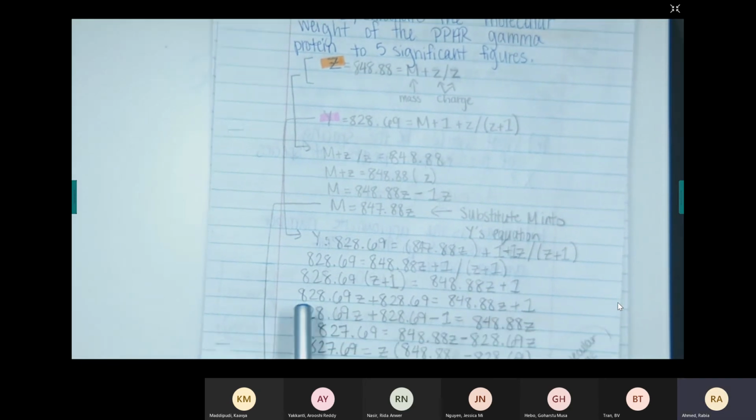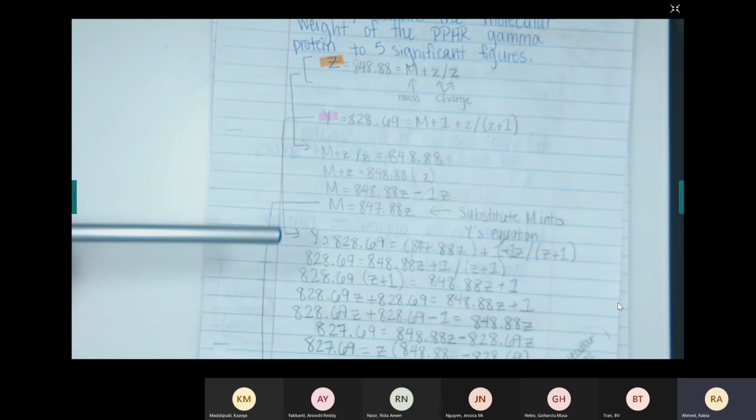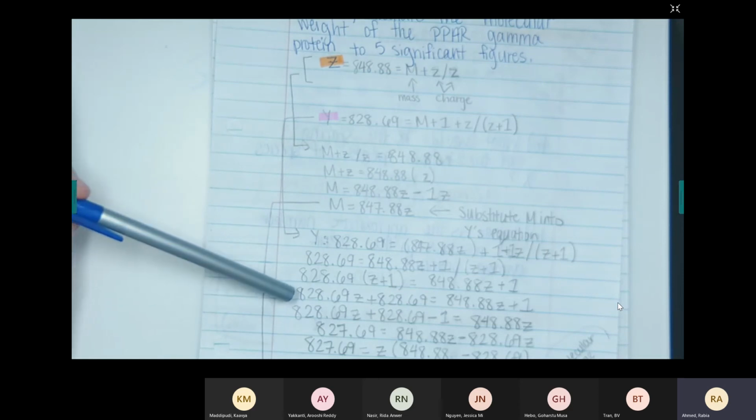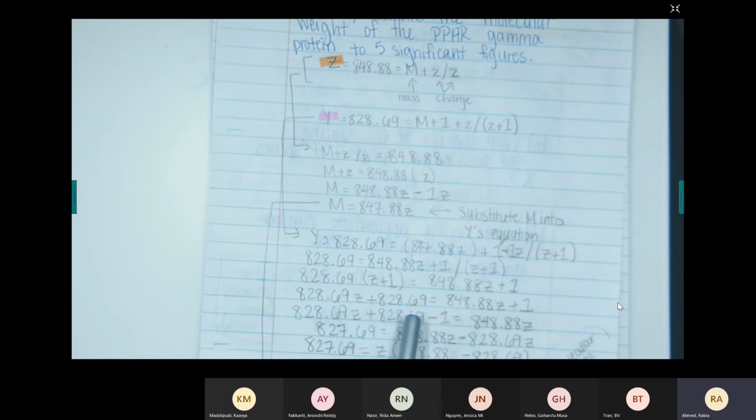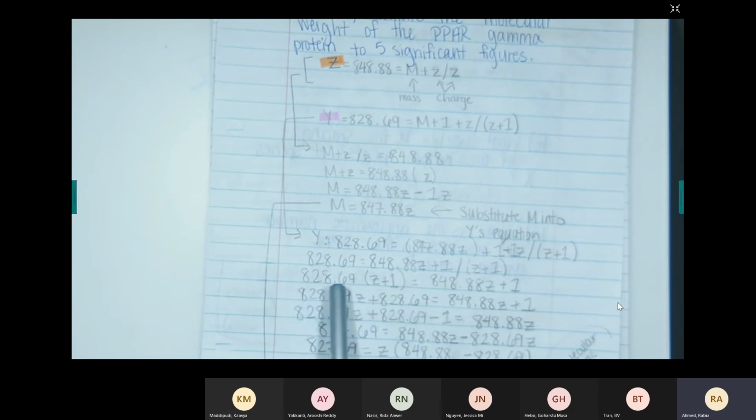Then I get 828.69 times Z plus 1. I'm going to move my Z plus 1 over to the left side, and it's going to be equal to 848.88 Z plus 1. Then I do 828.69 times Z plus 828.69, so I distribute this 828.69 and get this, and just leave this there.